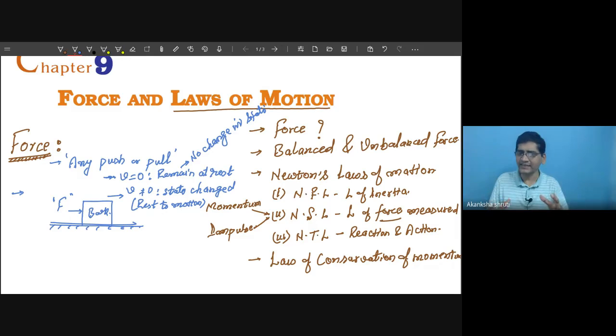The force has a tendency to change the state, though the state has not changed.